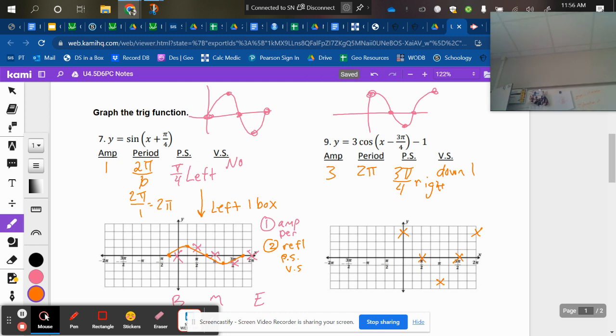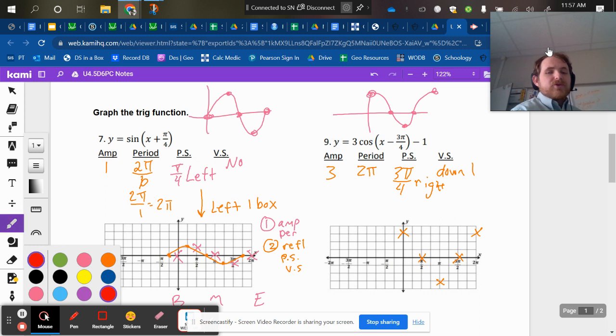Again, that's that first step of just the amplitude and the period. I have not reflected it. I have not shifted it left and right. I have not shifted it up and down. So 3 pi over 4, that is 3 boxes. I'm going to count 3 boxes over, 1, 2, 3, and go down a box. The next x, count 1, 2, 3, go down 1.